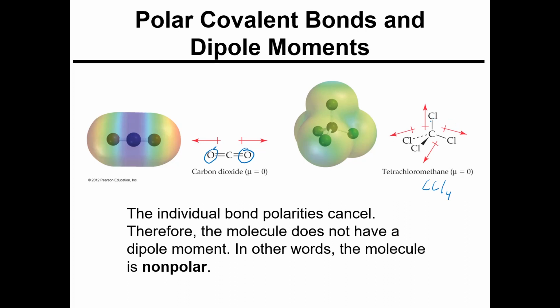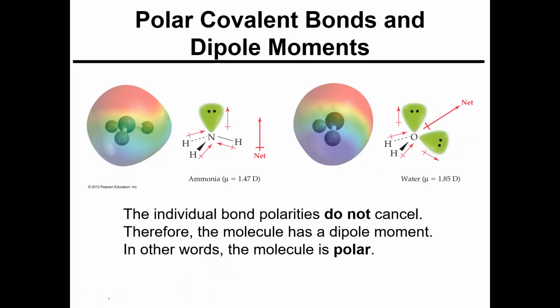In each of these cases, chlorine is more electronegative than carbon, which means that the electrons are going to get pulled towards the chlorines. But what happens is, it's being pulled in equal and opposite directions. It's being pulled in 4 directions that are all away from the carbon, and they're all opposite each other. So this molecule overall becomes nonpolar.